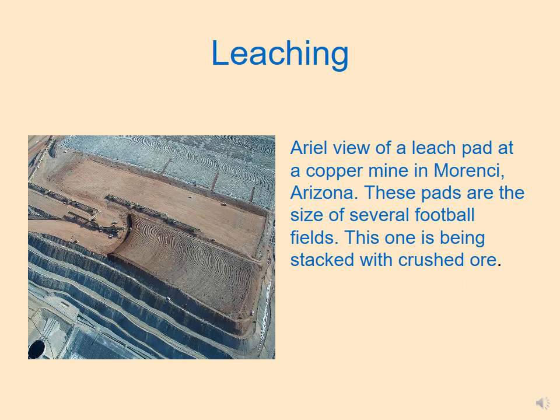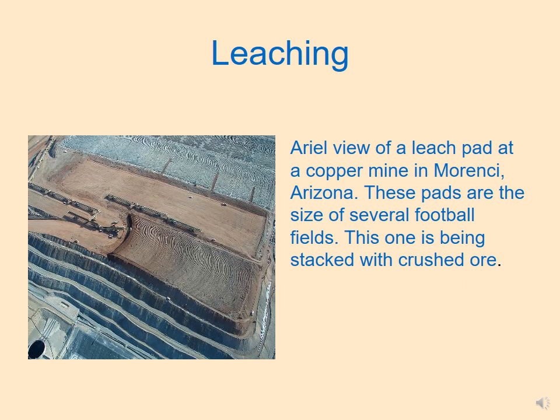Another method for removing metals is called leaching. We talked about this a little bit before, but they take the ground ore and pile it onto pits that are lined with tarps, and then they will pour a solution on top of it that has an affinity for the metal that they're after.